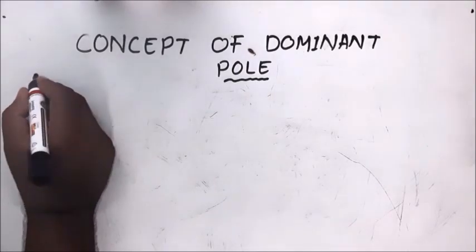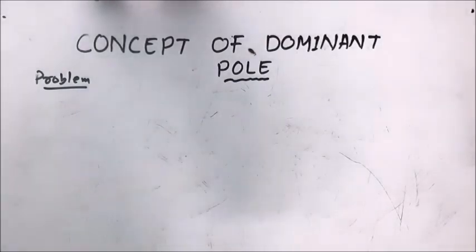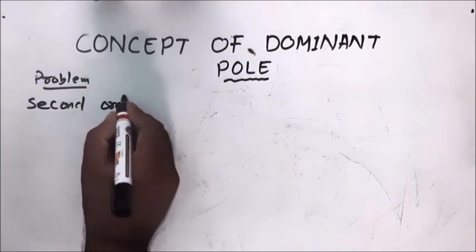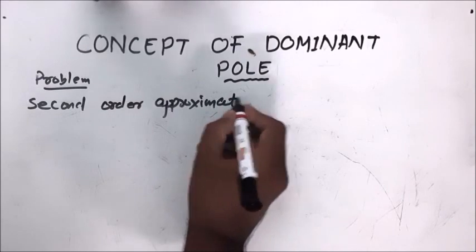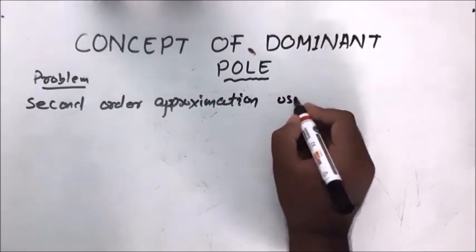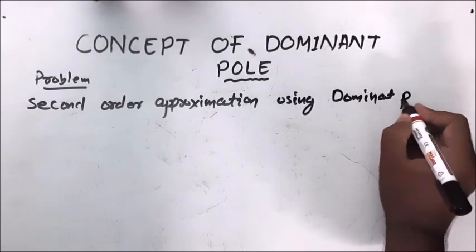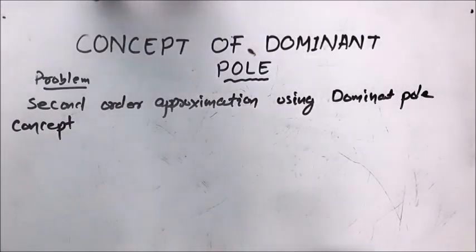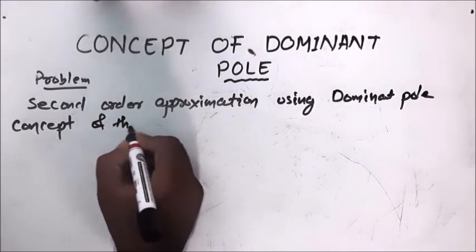So let us consider a problem which states: second order approximation using dominant pole concept of a given transfer function of the system.